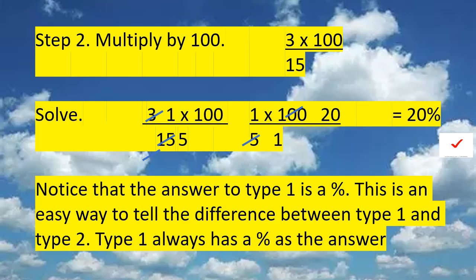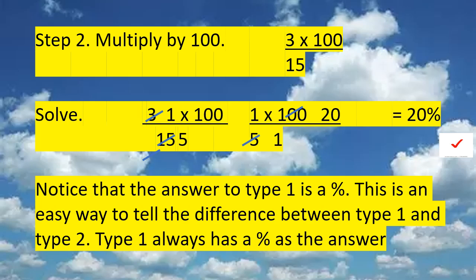So we can divide both of those by 5. 5 divided by 5 on the bottom equals 1. 100 divided by 5 on the top equals 20. So now we have 20 times 1 on the top and 1 times 1 on the bottom. So that's 20%.